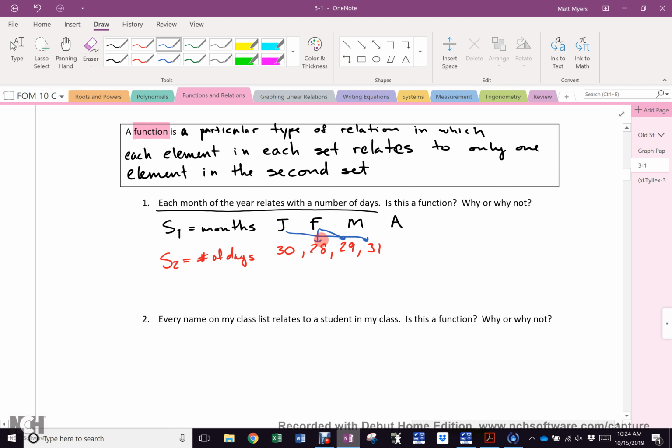Now this gets a little trickier. If I say I am thinking of the month with only 29 days, do you know the month I mean? February. Right? So is it still a function? Do you automatically know what month I'm thinking of if I say that? So even though February goes to two different numbers, is it still a function? It is. Because we can work backwards and forwards, right?